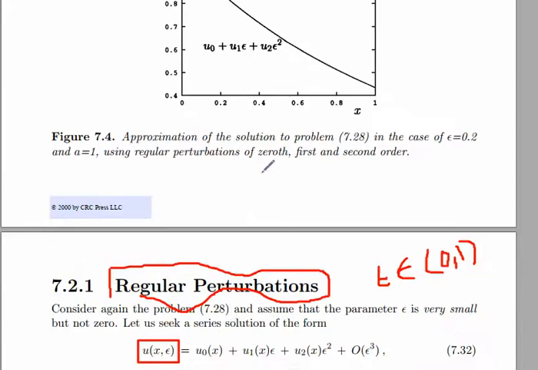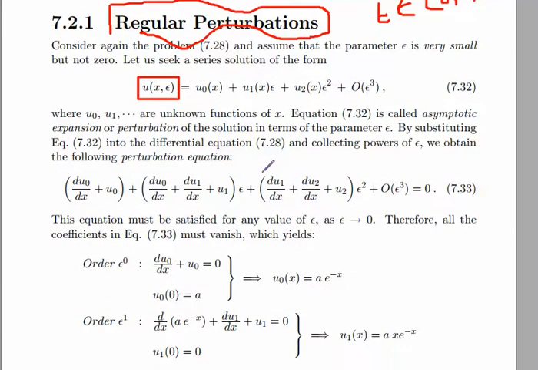The first step in the perturbation method is to assume that the parameter epsilon is very small but not 0, and we expand this unknown function in a series form: u(x, epsilon) is equal to u0(x) plus u1(x) epsilon plus u2(x) epsilon squared plus big O of epsilon cubed and many more terms.